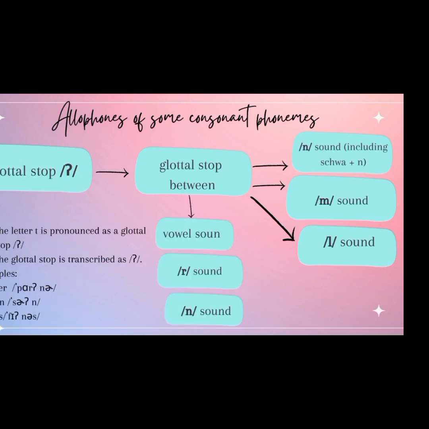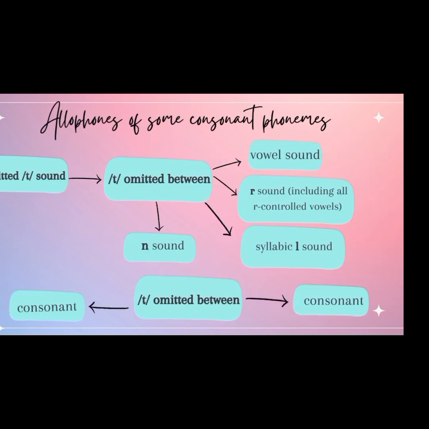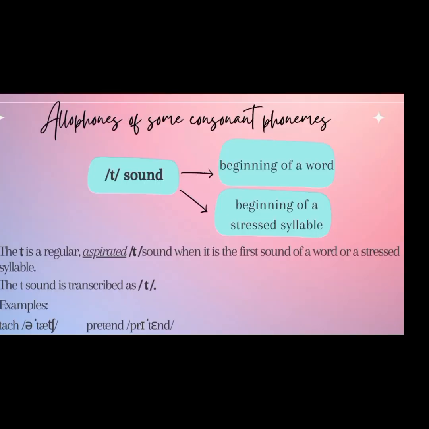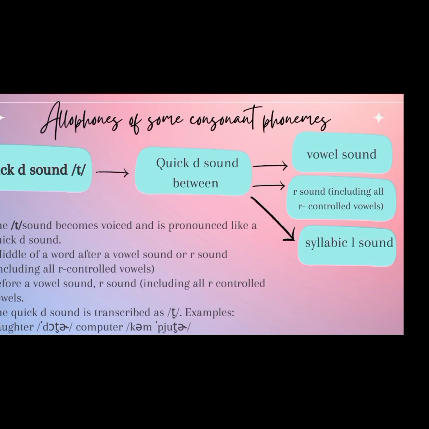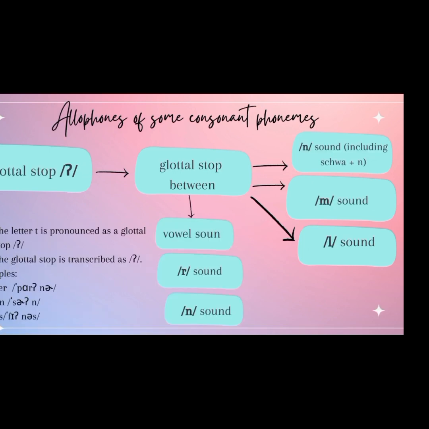First, the common allophones: number 1, remain a regularly aspirated sound; number 2, pronounced like a quick D, also called an alveolar tap; number 3, it becomes a glottal stop; and number 4, have no sound at all.